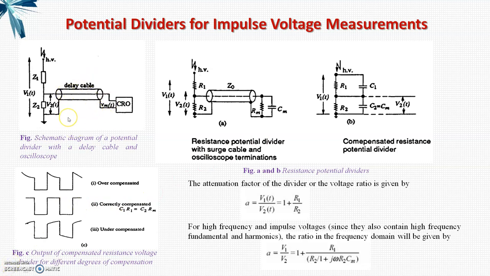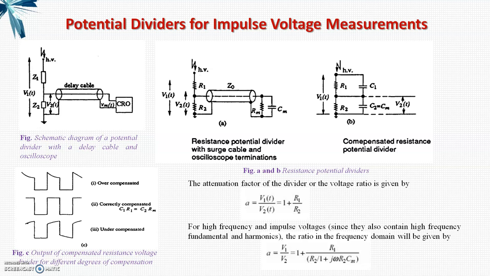Here in this figure, a potential divider with its terminal equipment is shown. Here Z1 and Z2 are impedances, and this Z1, either a resistance or a combination of these things, is connected to the CRO with the help of a delay cable.